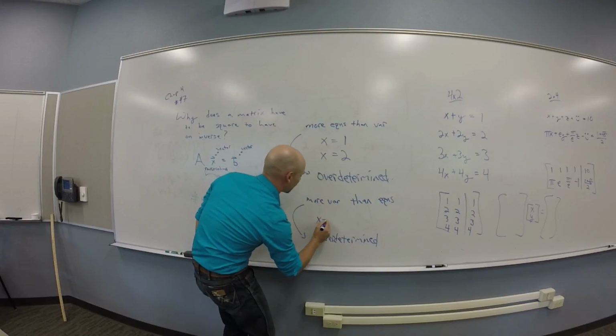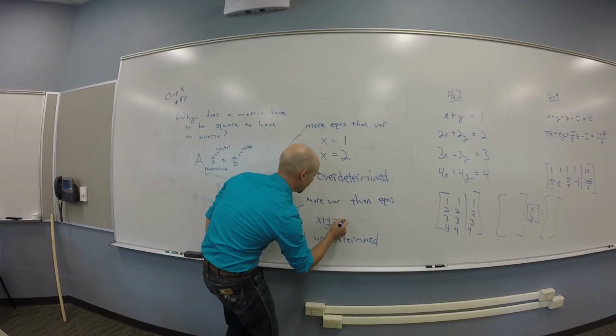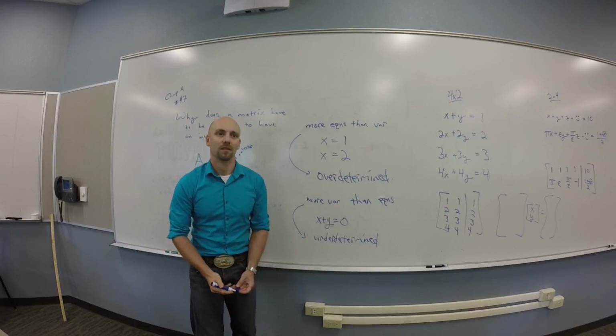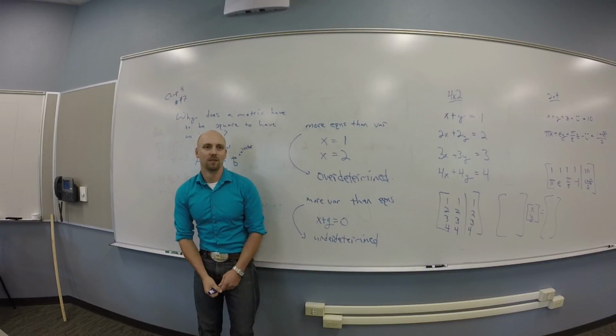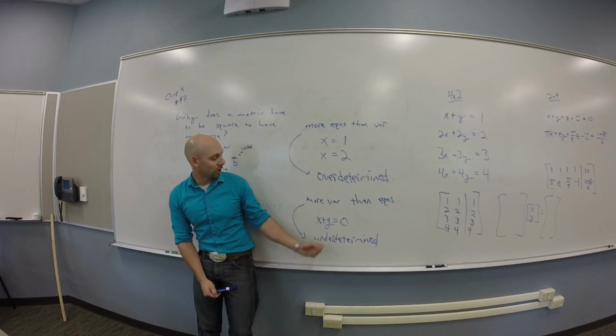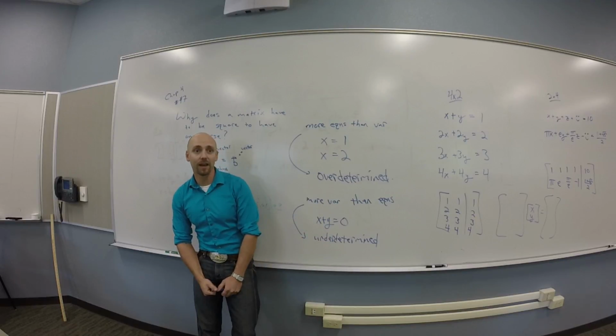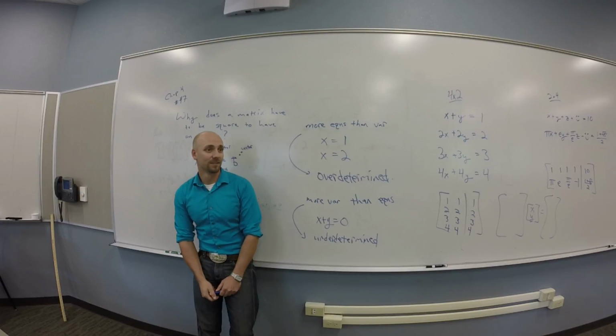Like, here's an example: x plus y is 0. How many solutions does this thing have? Infinite numbers. Specifically, this thing is really the line y equals minus x. You guys see that? There's a lot of points on that graph. Cool.